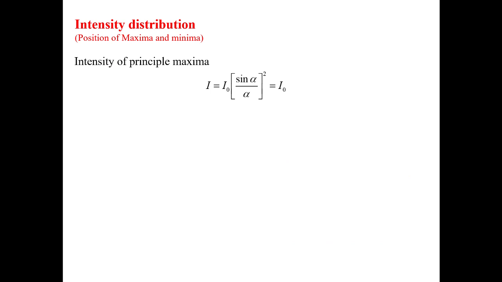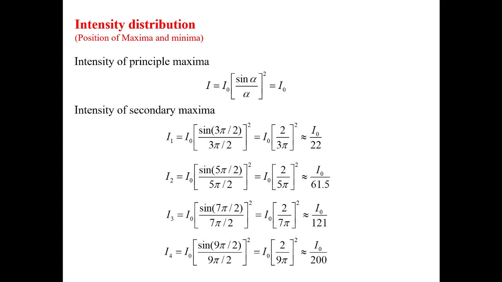Since principal maxima comes at the point where alpha equal to 0, and we know that sine alpha upon alpha for alpha equal to 0 is equal to 1, the intensity of principal maxima is I naught. The intensity of secondary maxima can be found by placing alpha as 3 pi by 2, 5 pi by 2, 7 pi by 2, etc.